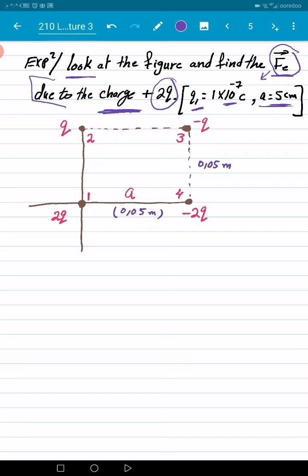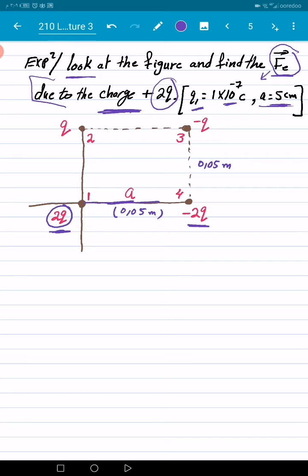So what I can do, F total, you want F total due to this one. Number 1, 2Q with minus 2Q. What is the force? This positive and this negative, so it is here.